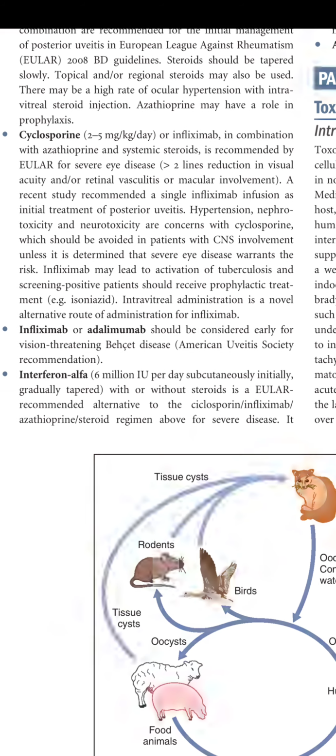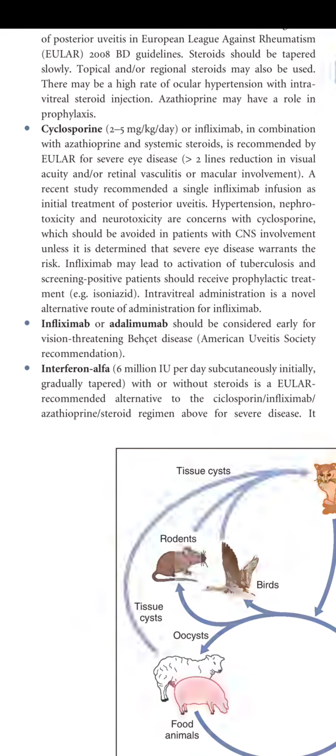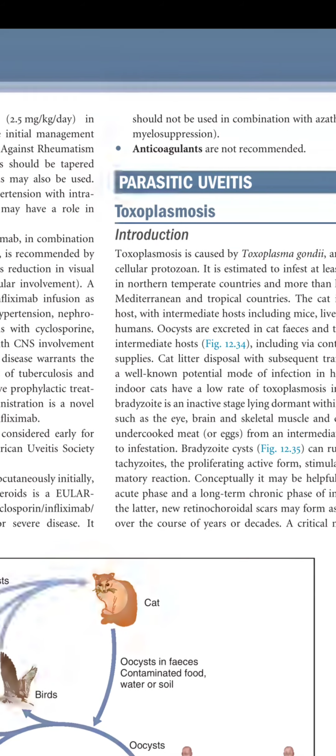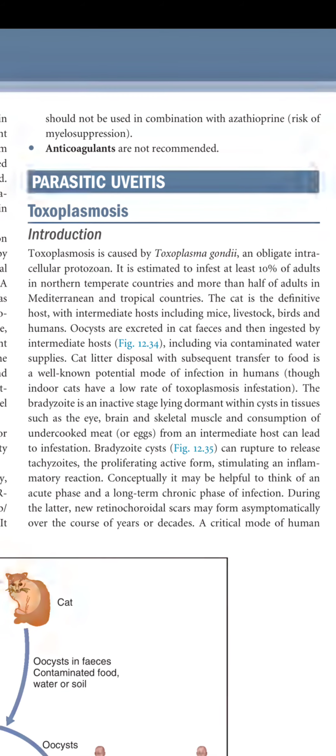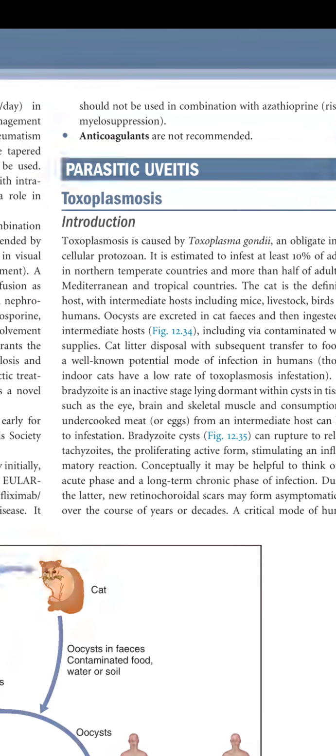So if there is a very severe disease and you are looking for an alternative, you can give interferon alpha 6 million IU per day subcutaneously, and then gradually taper it. It should not be used in combination with a thiopurine because of the risk of myelosuppression. Anticoagulants are not recommended.